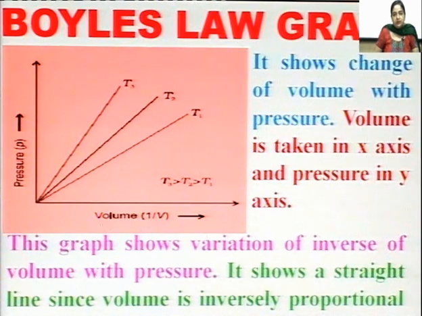Volume is taken on the x-axis and pressure on the y-axis. This graph shows variations of inverse of volume with pressure. It shows a straight line since volume is inversely proportional to pressure.